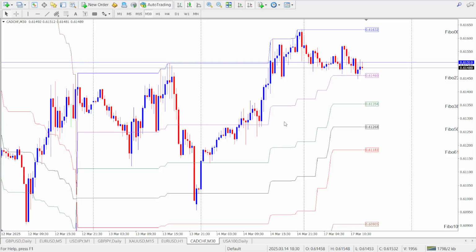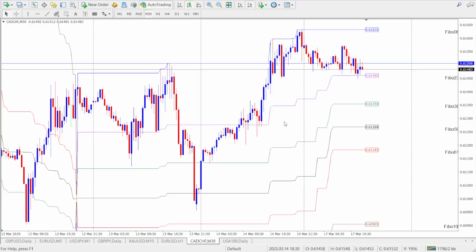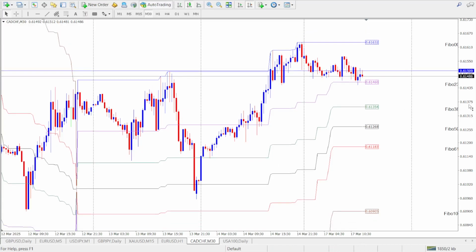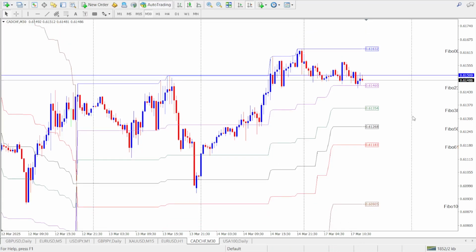However, the higher the time frame, the stronger the signals. So no matter your trading style, this indicator can help you fine-tune your market entries and exits with confidence.